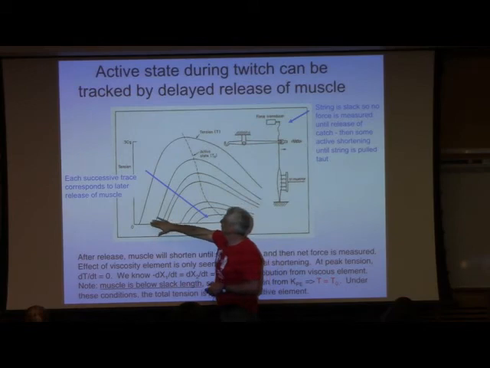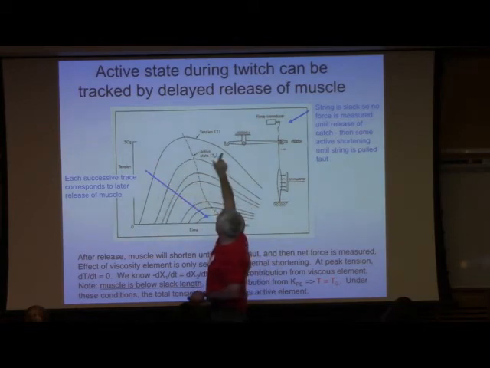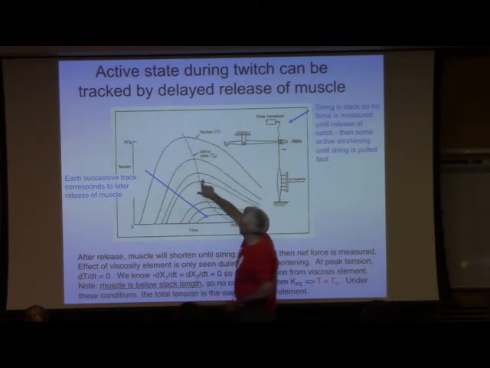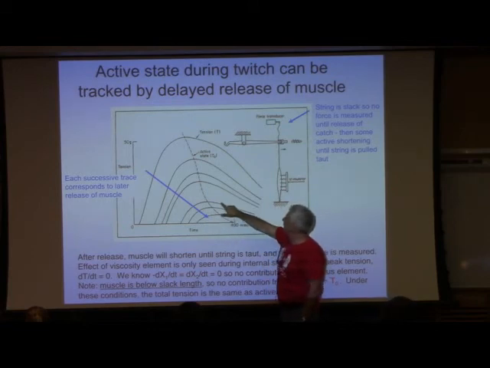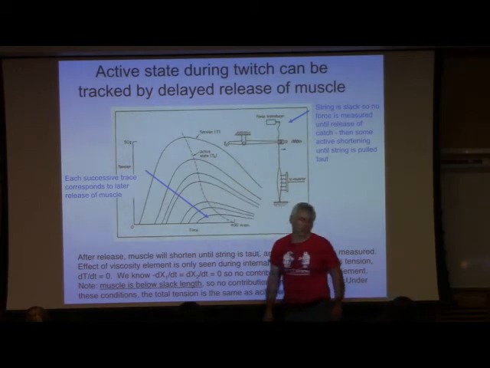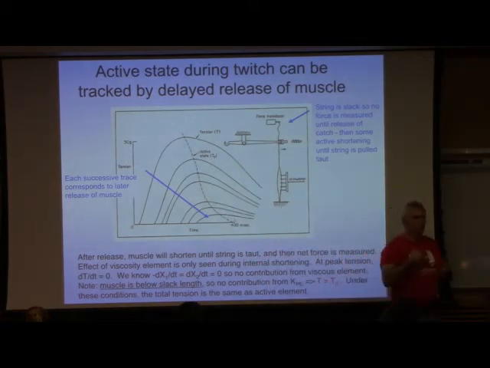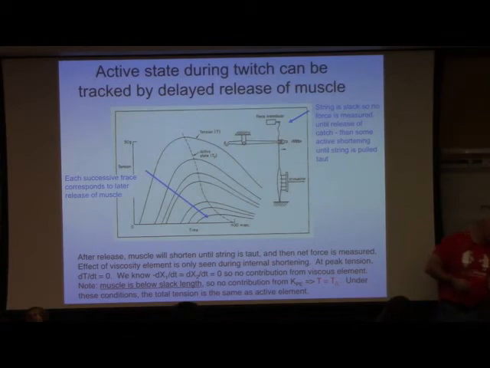At the earliest one you get this, later you get this, later and later. And this point here at peak force is where there's no more shortening in the internal element.